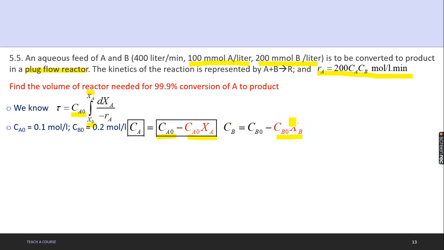The amount of A consumed and the amount of B consumed are the same, because 1 mole of A and 1 mole of B react.